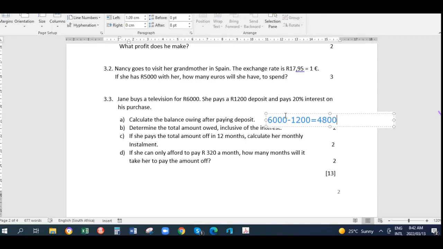So you have paid your deposit of 1,200, so you only owe 4,800. You can't owe more. You have to be owing less.